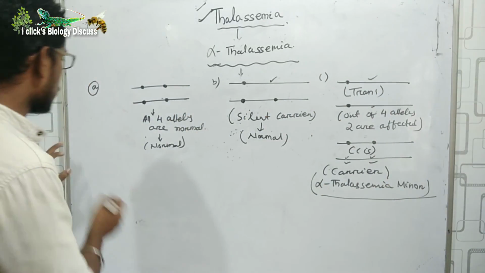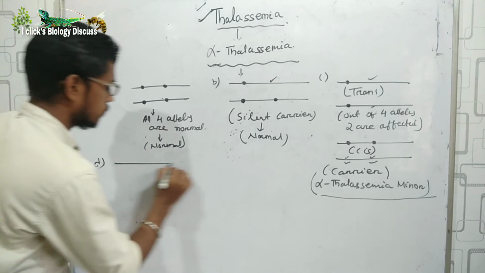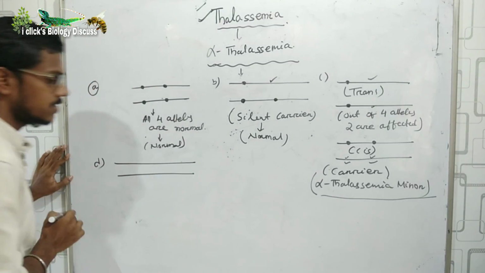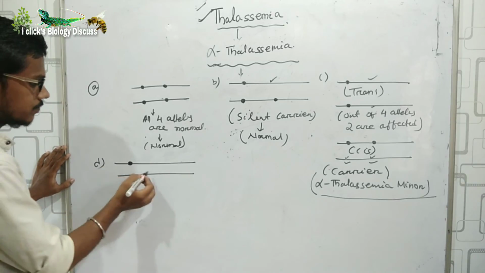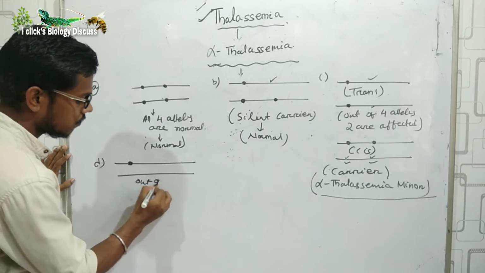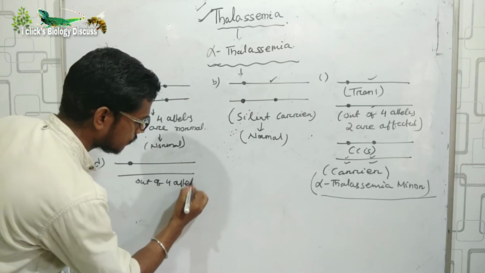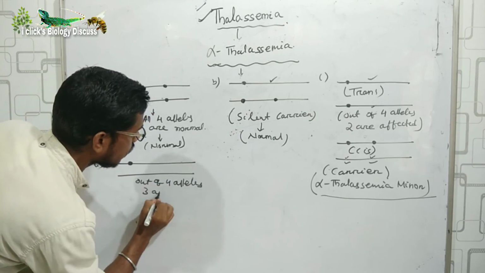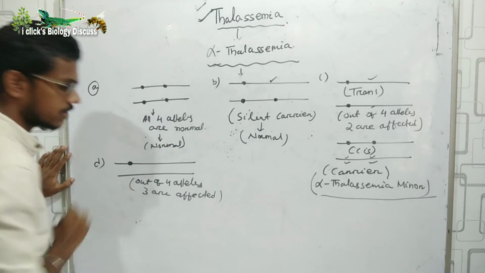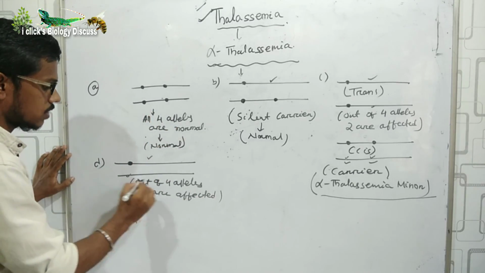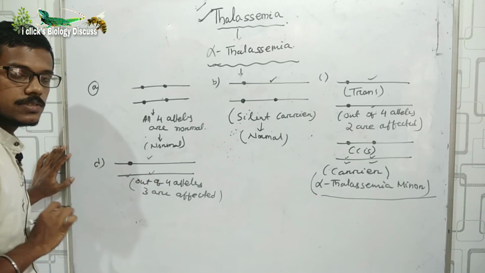Okay, but if the condition is like this, here out of these 4 alleles, 3 are affected. This one affected, this one affected, this one affected.